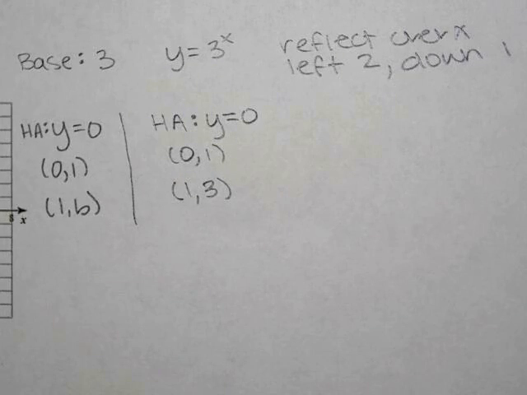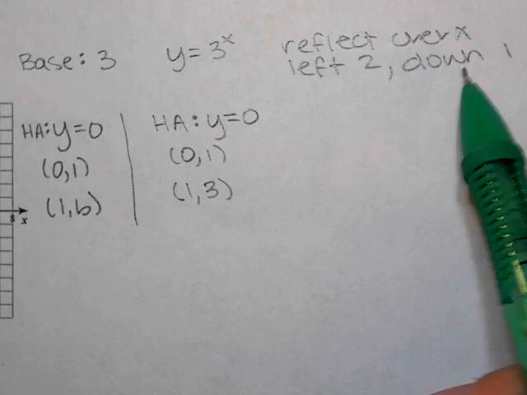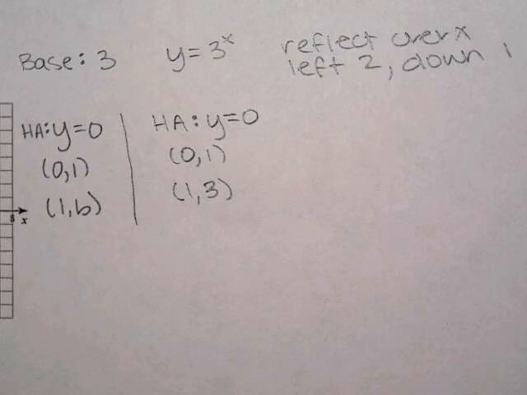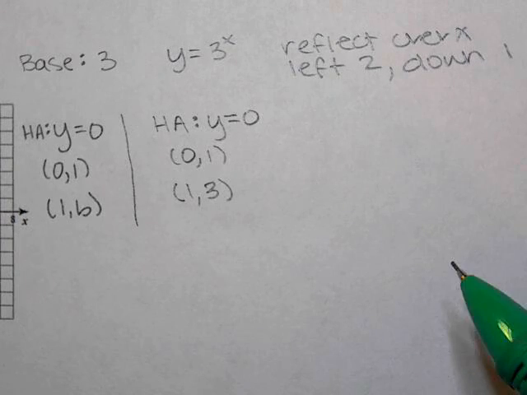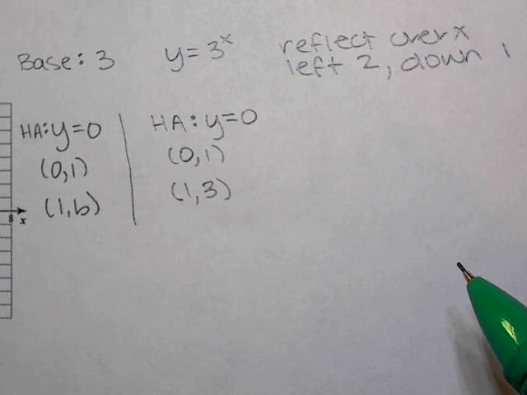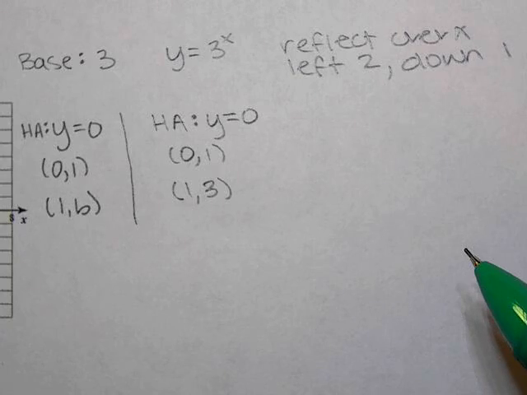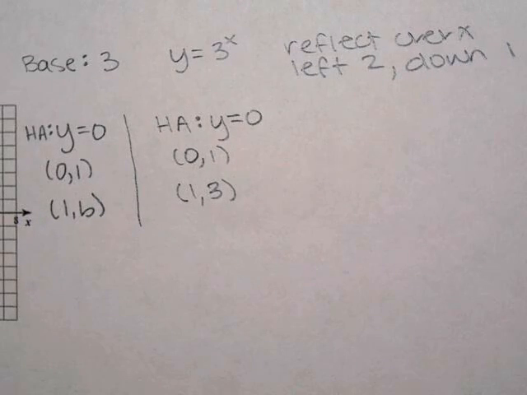So of these transformations, which one has to happen first? Reflect over x. And which coordinate does that impact? Is it the x coordinate or the y coordinate? The y coordinate. So it takes a point that's up and it flips it down. It takes a point that's down and it flips it up. So it's going to take the y coordinate and make it negative. We're multiplying it by -1.